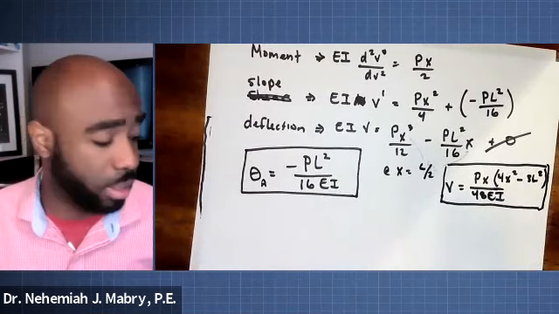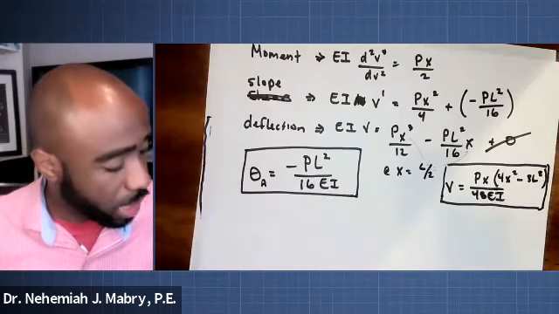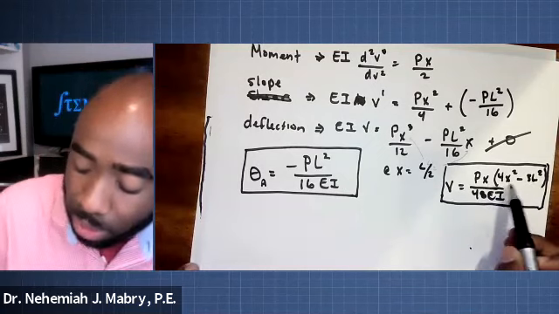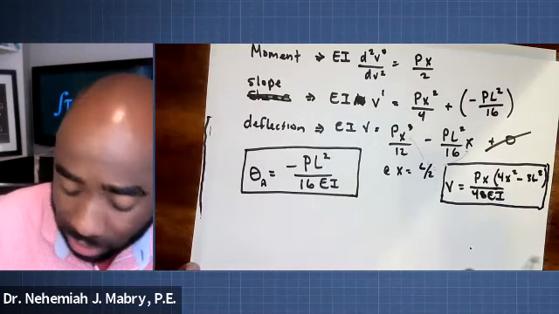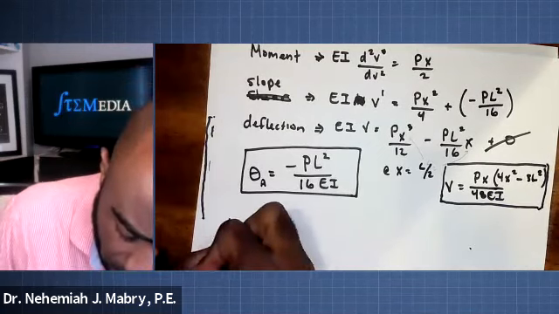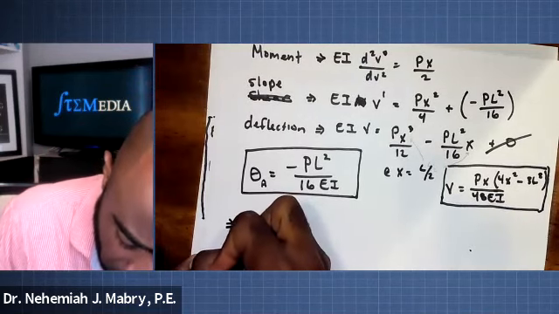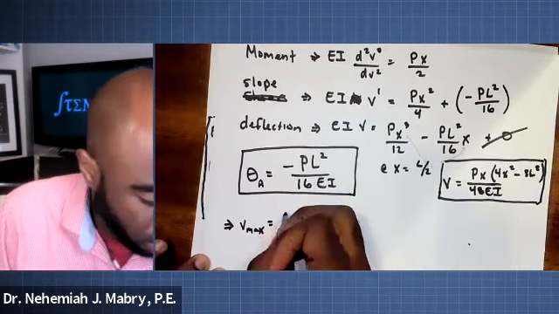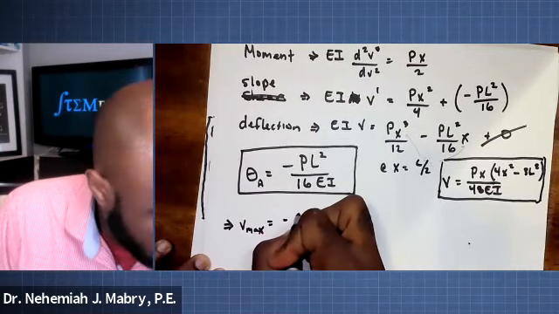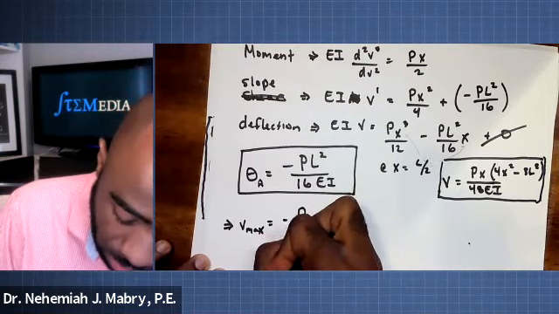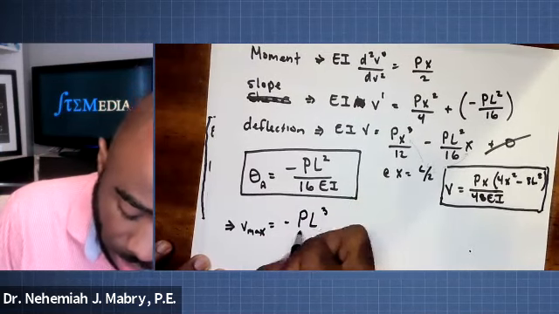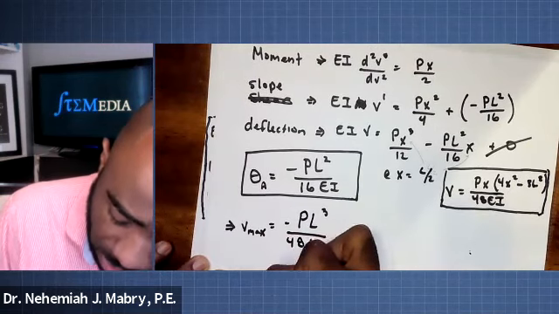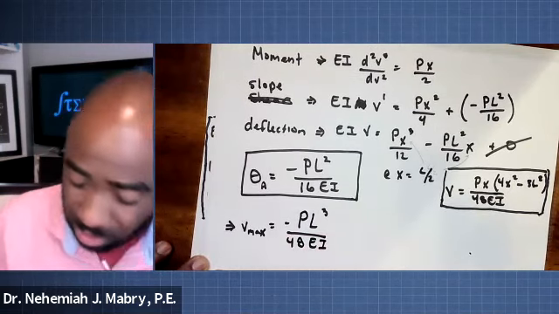Now, one of the things you'll notice is that I actually did an intermediate step here because I still didn't plug in L over 2 for all of my x's here. So here's V max. V max would be equal to negative PL to the third all over 48 EI.